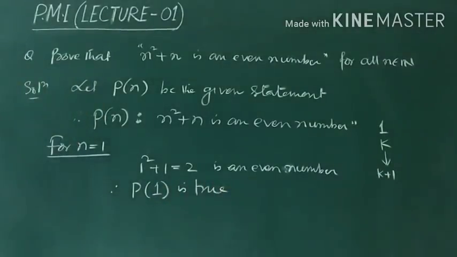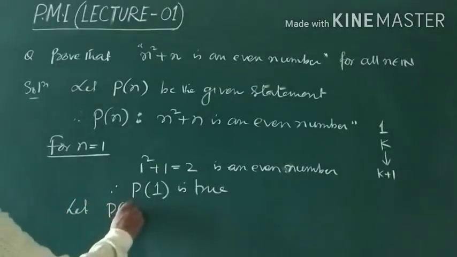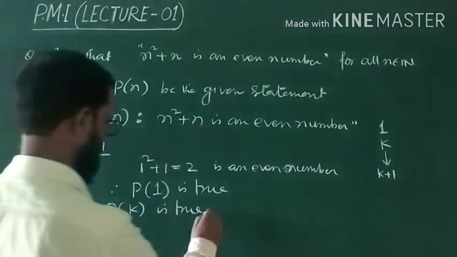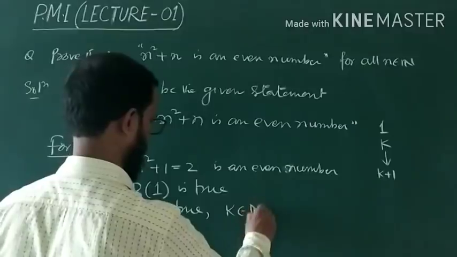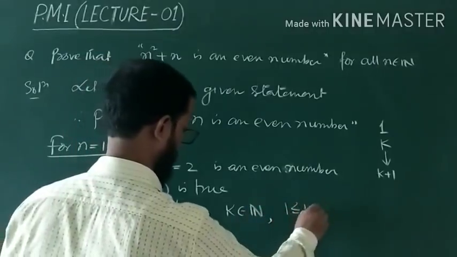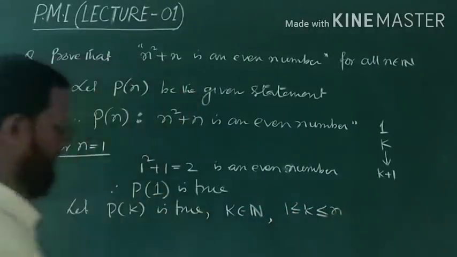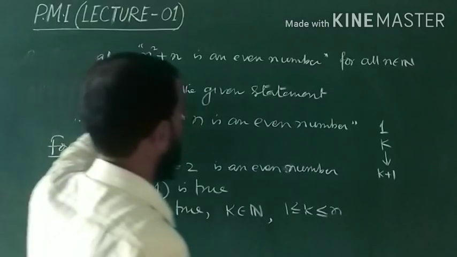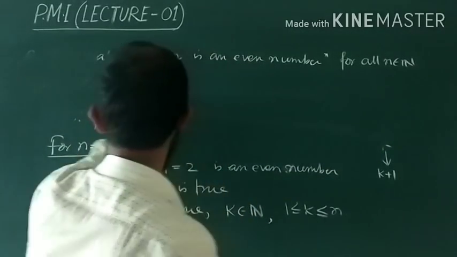Now assume that Pk is true. Here k is a natural number, and 1 is less than or equal to k, less than or equal to n.